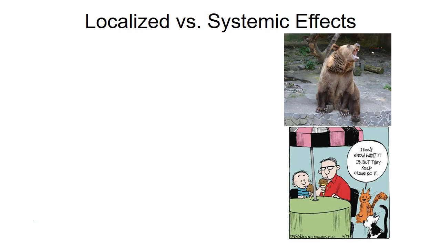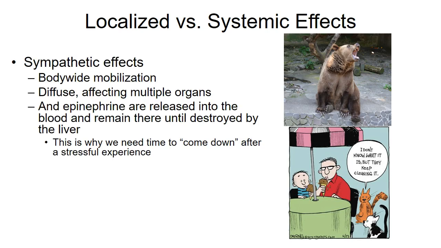Now, if something gets released in the bloodstream, it goes everywhere, right? Which means that sympathetic activation is going to be more systemic, and the parasympathetic is much more localized. So body-wide, we can have mobilization of a lot of things.